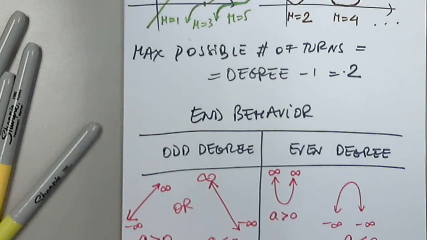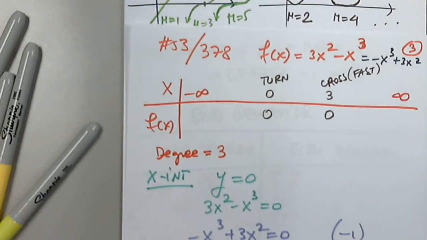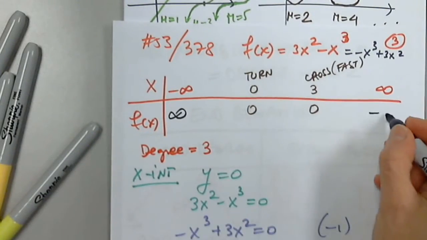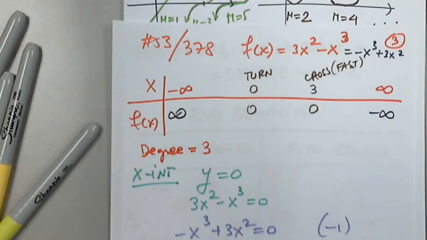Number 2, which means the end behavior is from infinity to negative infinity. That's it. Go back to my chart. From infinity to negative infinity. That is the end behavior.